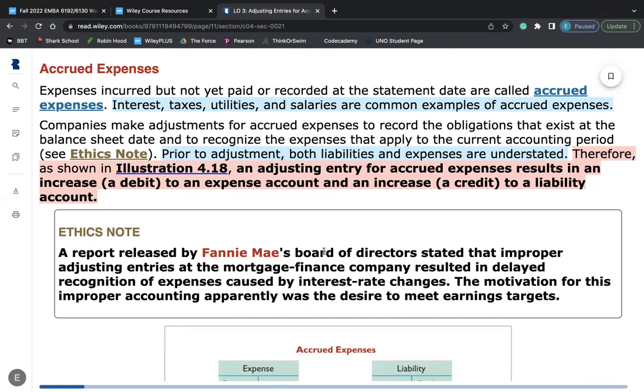Companies make adjustments for accrued expenses to record the obligations that exist at the balance sheet date and to recognize expenses that apply to the current accounting period. Prior to adjustment, both liabilities and expenses are understated. Therefore, as shown in illustration 4.18, an adjusting entry for accrued expenses results in an increase to an expense account and an increase or credit to a liability account.